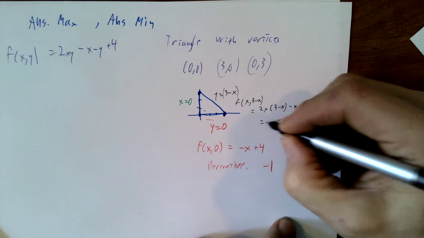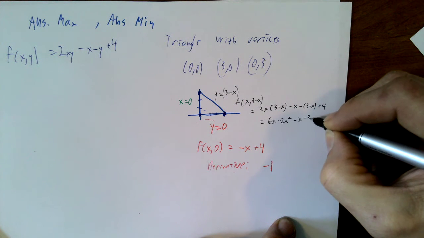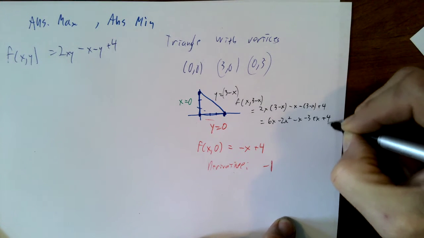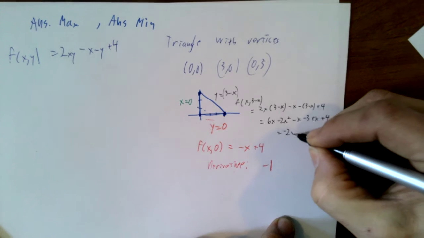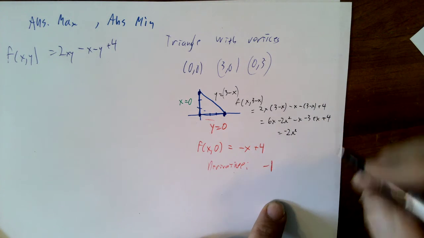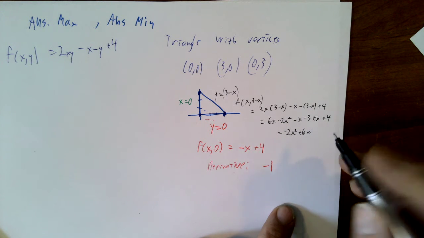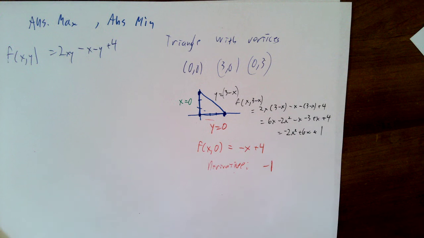Remove some parentheses and combine like terms in regular descending order. Okay, I got negative 2x squared plus 6x plus 1.